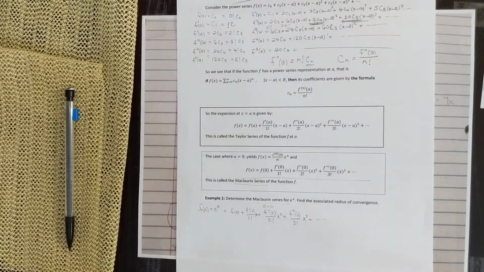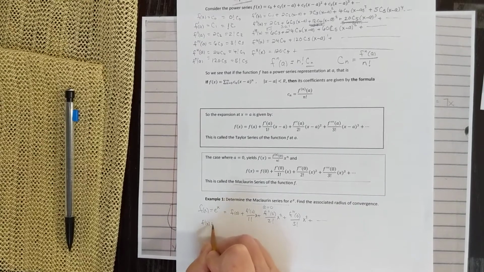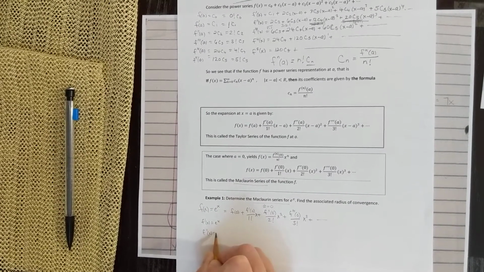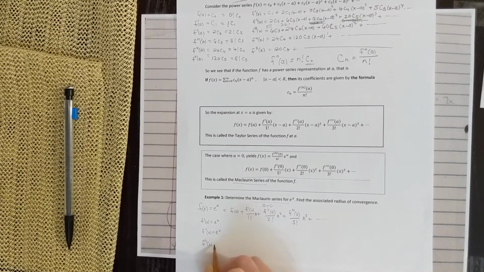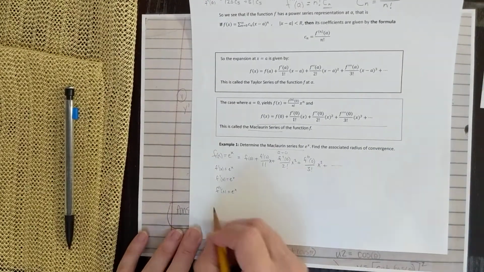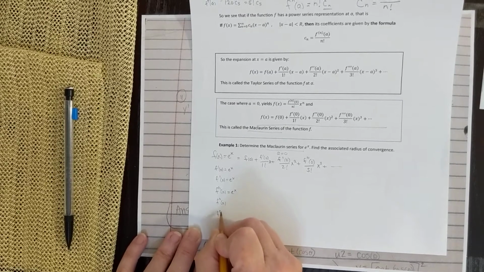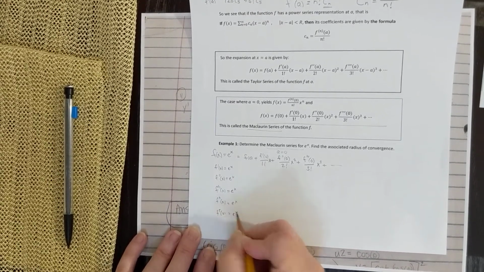So let's see what's going to happen here. Well, we definitely need to take some derivatives. So f prime of x is e to the x, and f double prime of x is e to the x, and f triple prime of x is e to the x. And the fourth derivative, the fifth derivative, and so on is still e to the x.